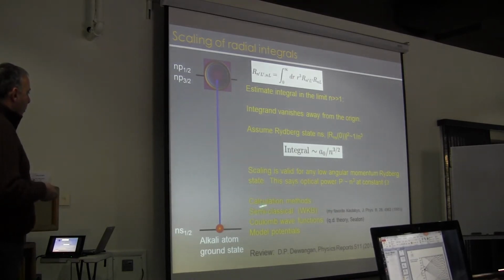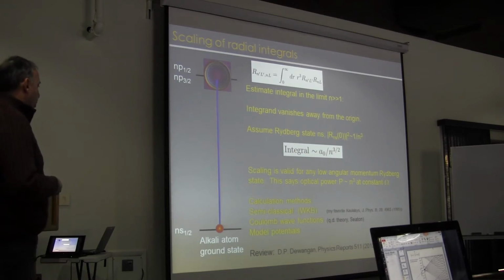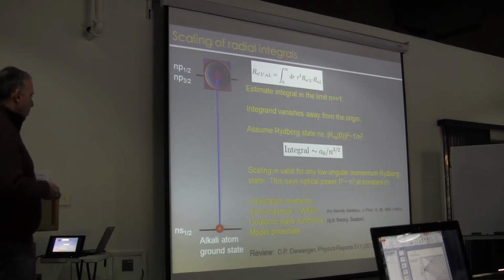There are semi-classical WKB methods, and there are a number of variants of this when applied to Rydberg atoms. My personal favorite is this paper by Kalakis from 20 years ago or so. We can use Coulomb wave functions, that was quantum defect theory, or we could use model potentials to calculate the wave functions.